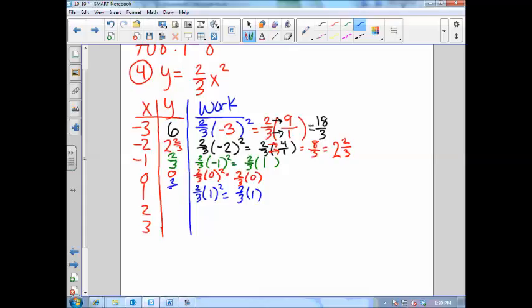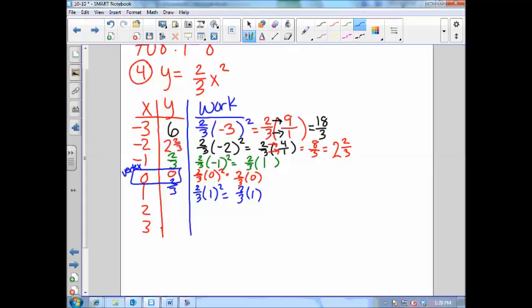Finally, we have the first repeat. You see that? We got 2/3 and 2/3, which means the one in between is the vertex. Okay, so if these two are hugging the 0, so they match, then the next two above and below match. So we just spread out.